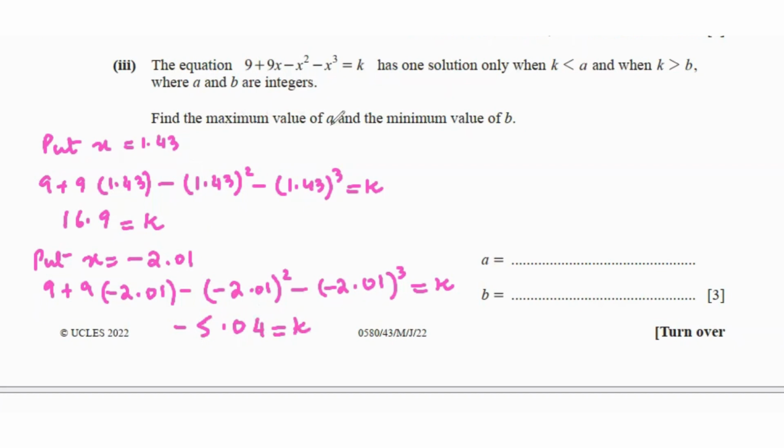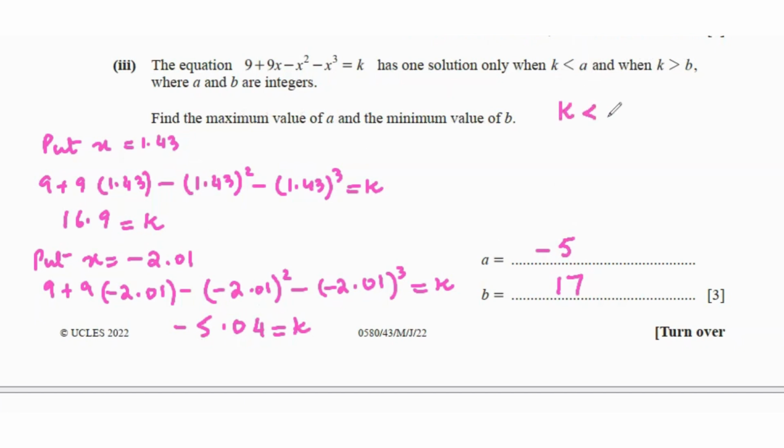So it said find the maximum value of a and the minimum value of b. Maximum would be 17 for b because k is greater than b and k is less than a, so this would be negative 5.